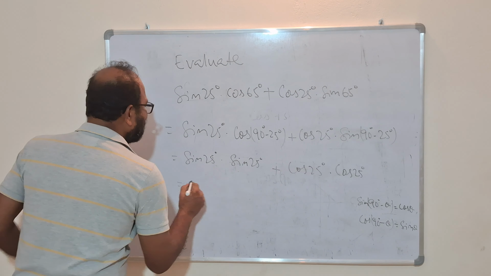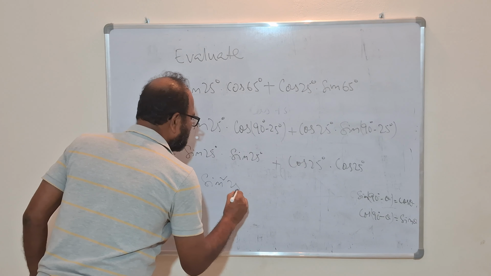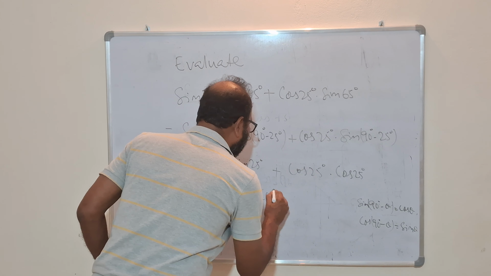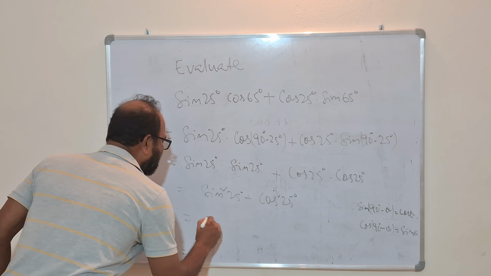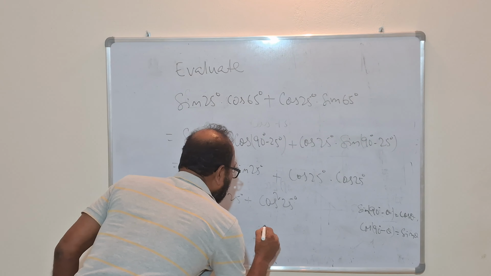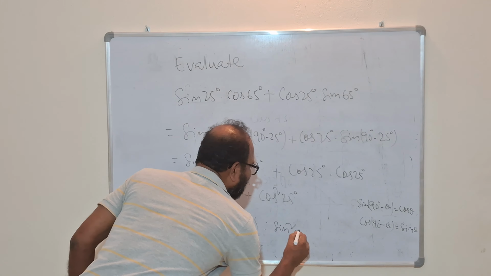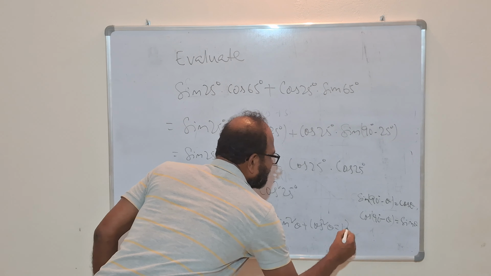So now sin 25 into sin 25 is sin square 25, then cos 25 into cos 25 is cos square 25 degree. So sin square 25 plus cos square 25 is 1. We have used the identity sin square theta plus cos square theta is equal to 1.